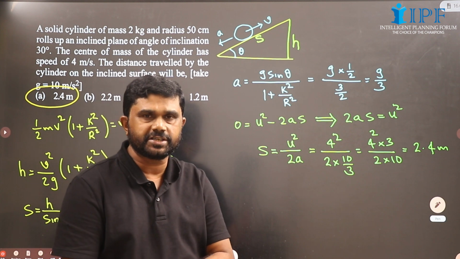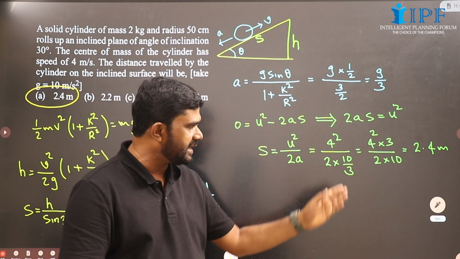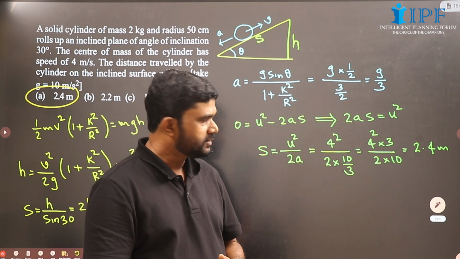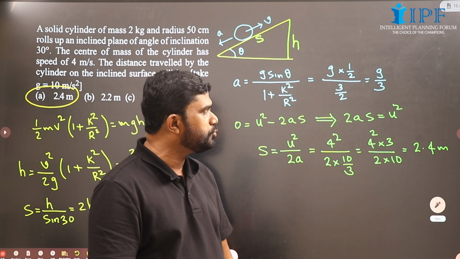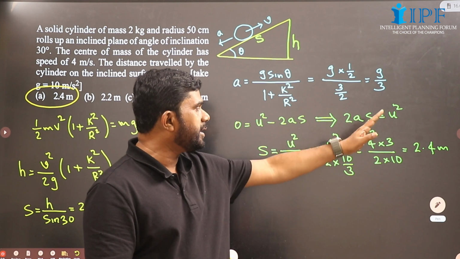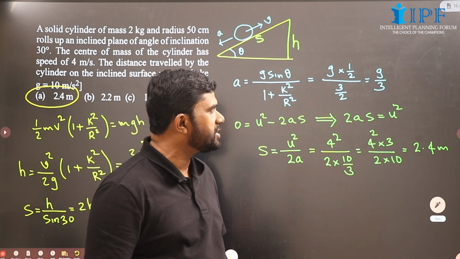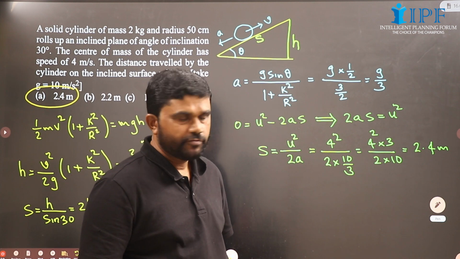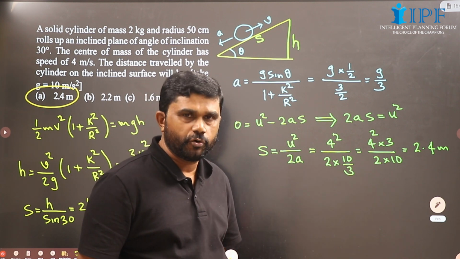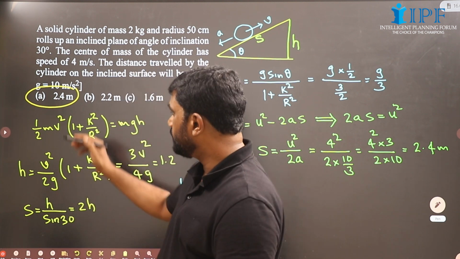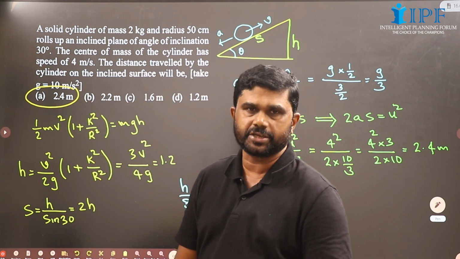We have got g by 3, or g we can take 10 by 3. So this 3 will go to the numerator, and in the denominator we have 2 into 10. In the numerator there is 4 square, that is 16 into 3, that is 48. 48 divided by 2 will be 24, divided by 10 will be 2.4 meter. The beautiful answer we have here, 2.4 meter.